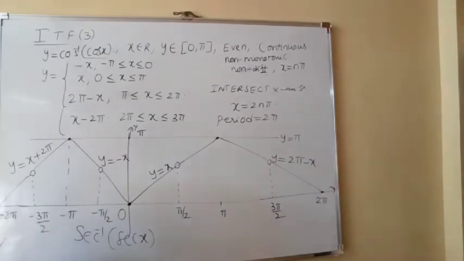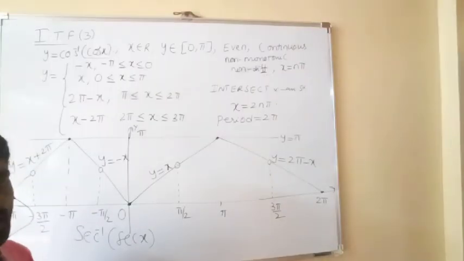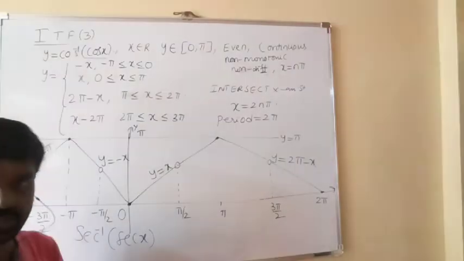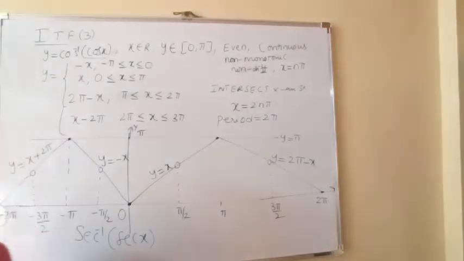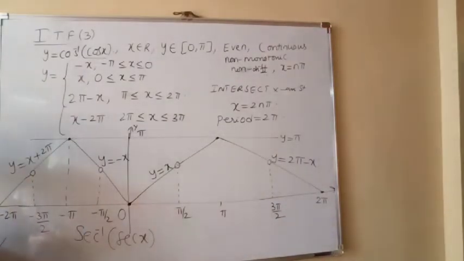If you want to find the cosecant inverse of cosecant x graph, you draw the sine inverse of sine x graph, with the same branches, minus 90 to plus 90. Cosecant inverse of cosecant x is not defined at multiples of pi. So first you draw the sine inverse of sine x graph. At 0 you keep a circle, and at pi, 2 pi, minus pi, minus 2 pi also you keep circles.